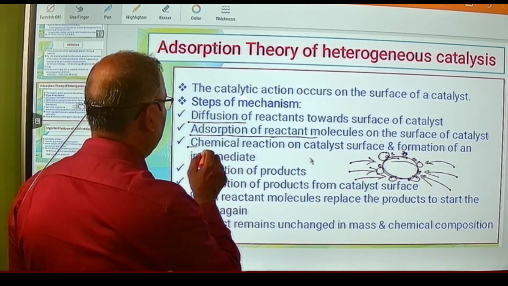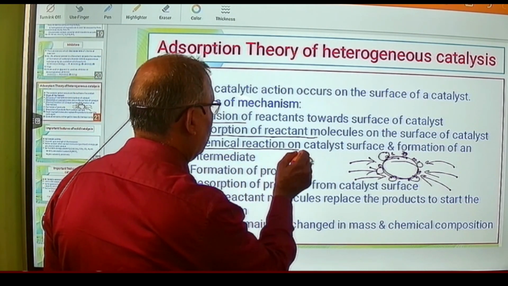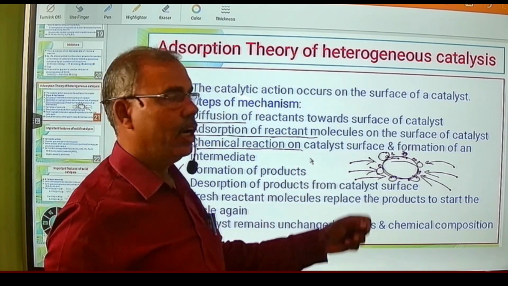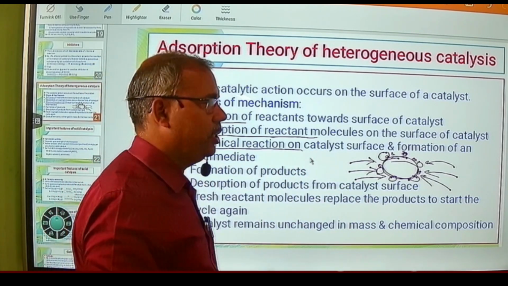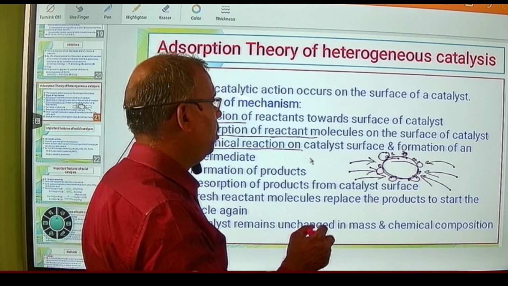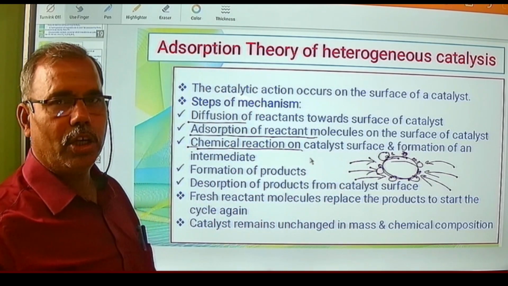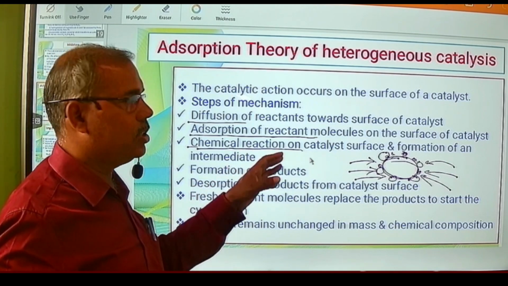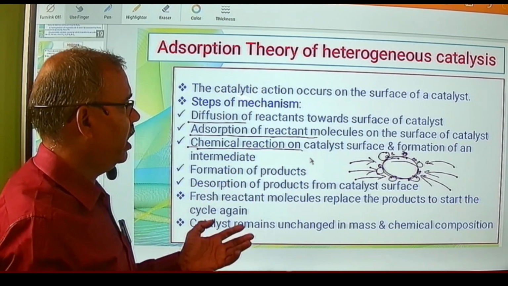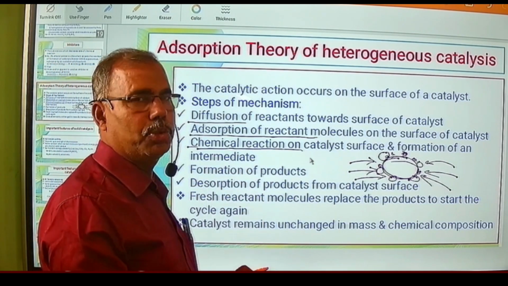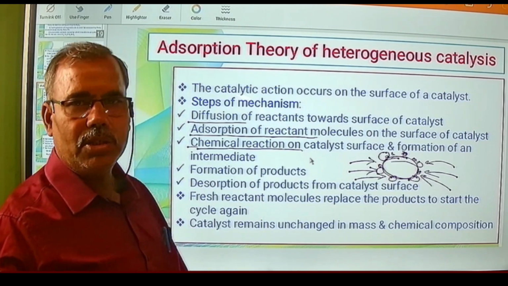Then third step: chemical reaction on the catalyst surface and formation of an intermediate. The reactants react chemically with each other on the surface of the catalyst, and the intermediate is formed. Now what is an intermediate? It is not the main product.